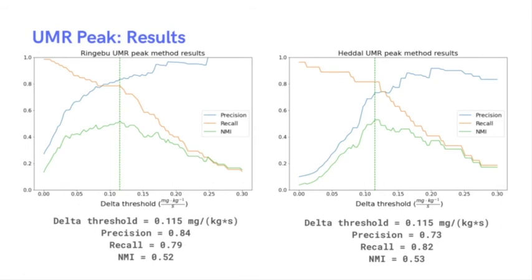Here we can see the results, so in particular precision, recall, and NMI for both churches with respect to the value of the threshold, and below the graph we can see the best results. So performances are not incredible, but the interesting thing is that they are very similar for both churches, so this method seems to have a good repeatability.